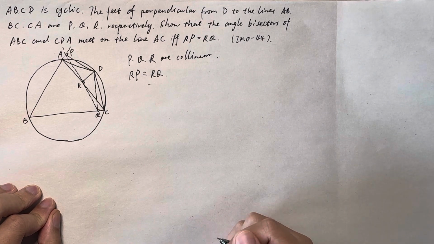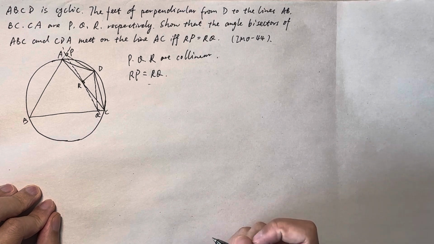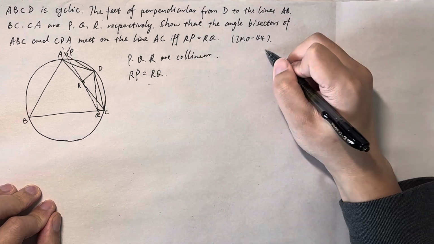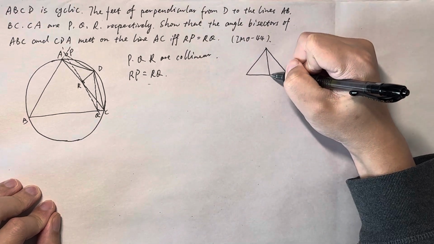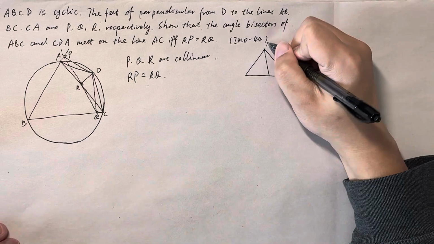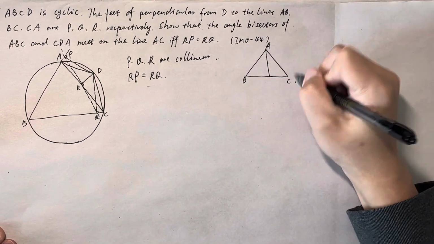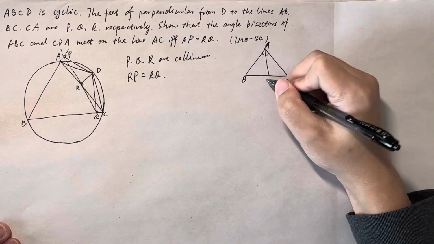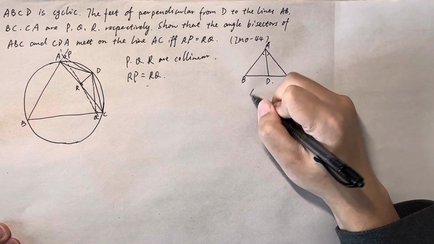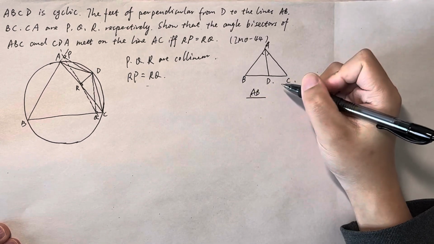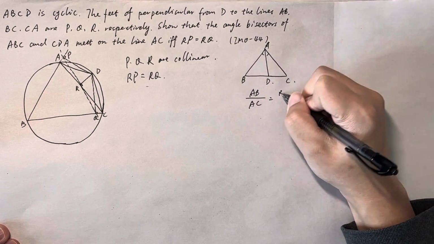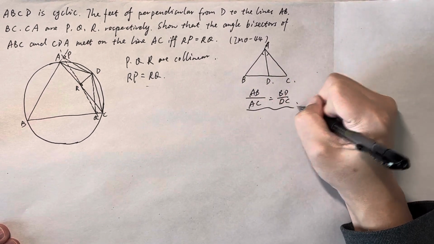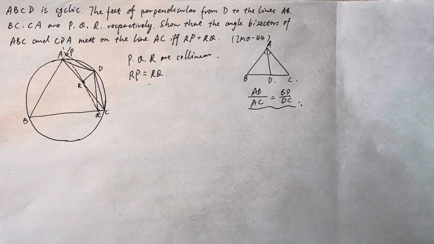For the angle bisector, the only theorem we can think of in a triangle ABC is this: if AD is the angle bisector, then the ratio of AB to AC equals the ratio of BD to DC, right? That's the only theorem we can think of.